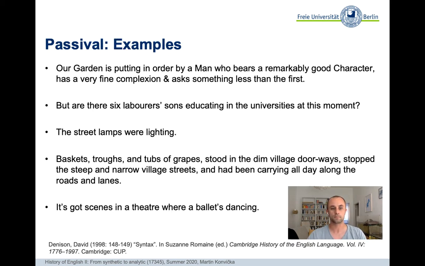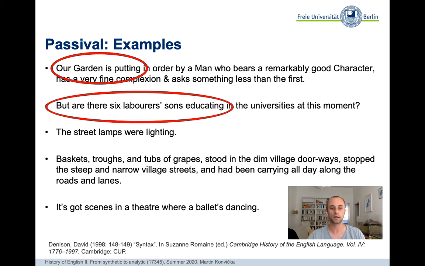Right. So here are a couple more examples of the passival construction. So we already know this one. Our garden is putting in order by a man, and so forth, right? So our garden is being put in order. Then, are there six laborers' sons educating in the universities at this moment?